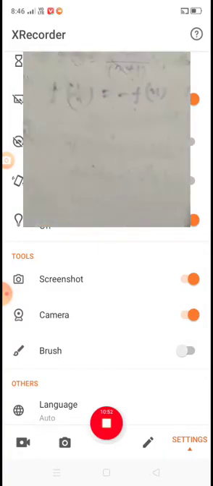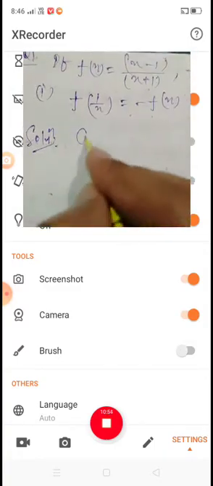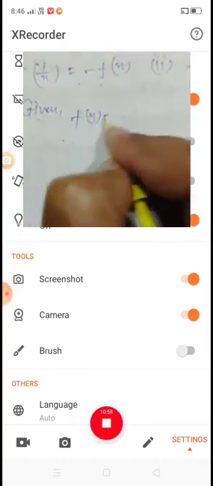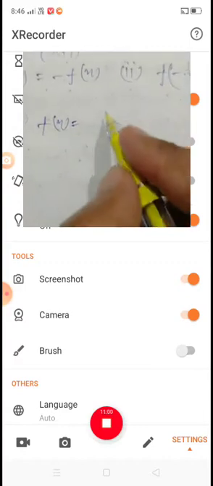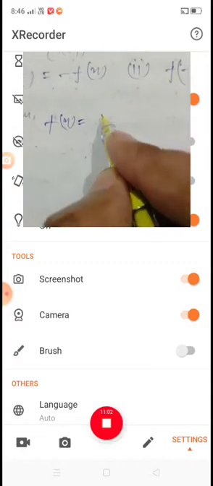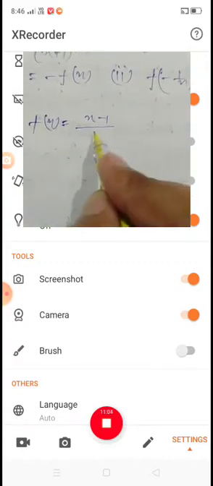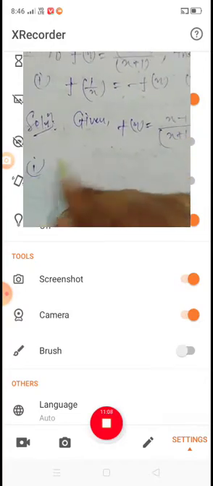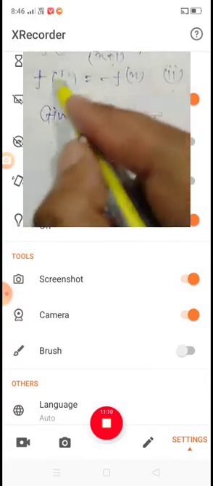First of all, we write the given function which is defined by f of x is equal to x minus 1 upon x plus 1. Take the first question. We replace x by 1 upon x.